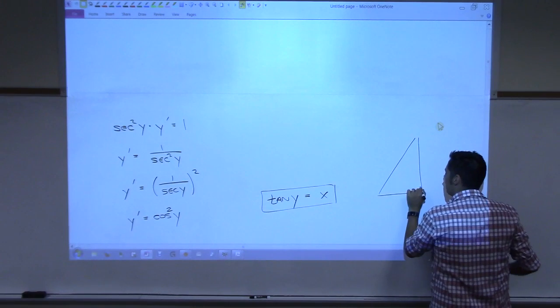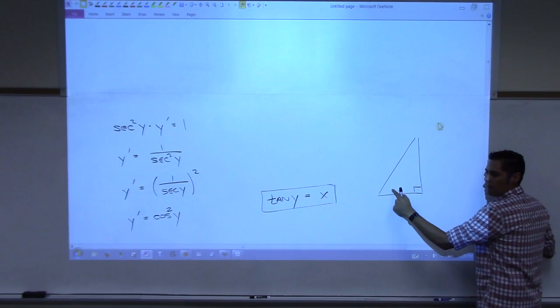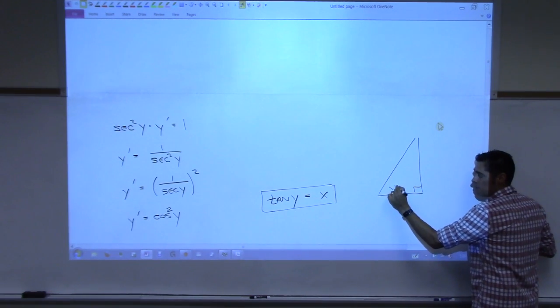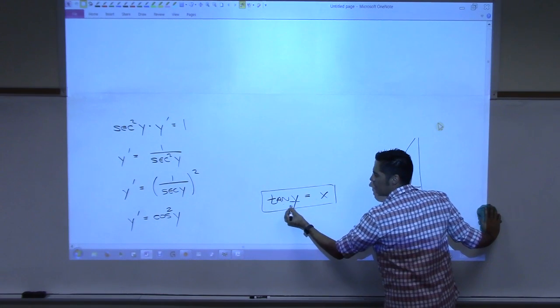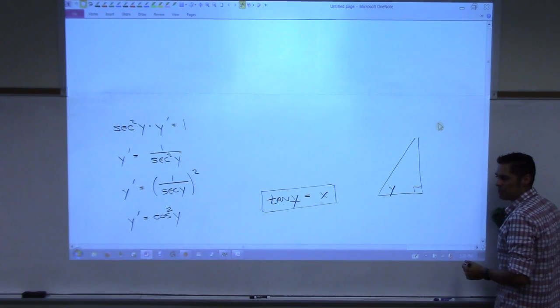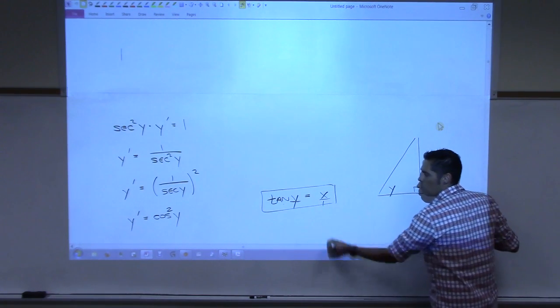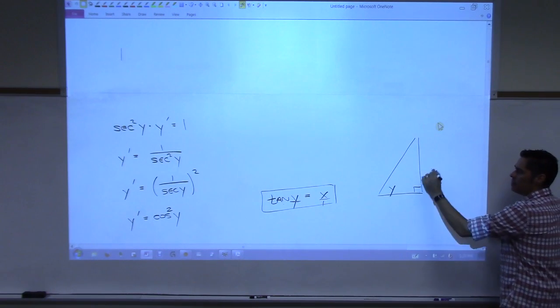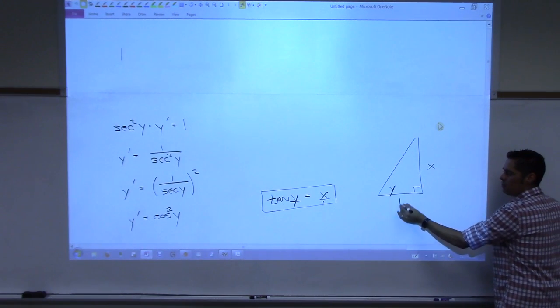the angle inside of it will be y, right? Because look at my trig function, this is the angle. And then tangent by definition is which side over which side? Opposite over adjacent. I look at x as being x over 1. So this is x and this is 1.